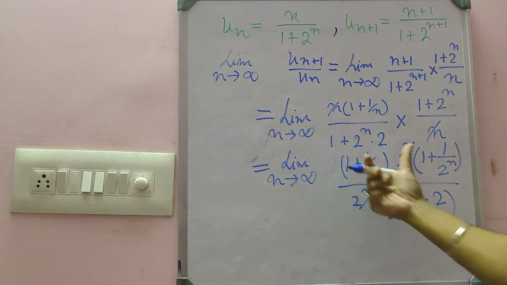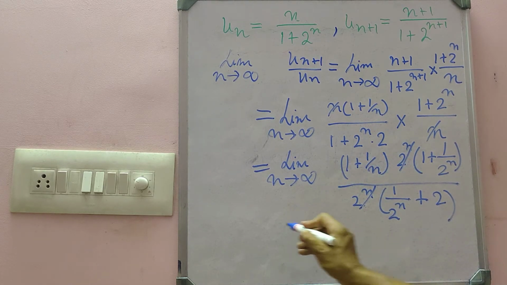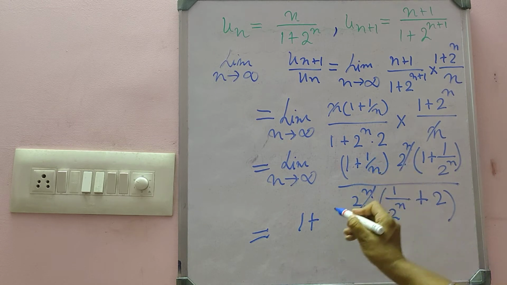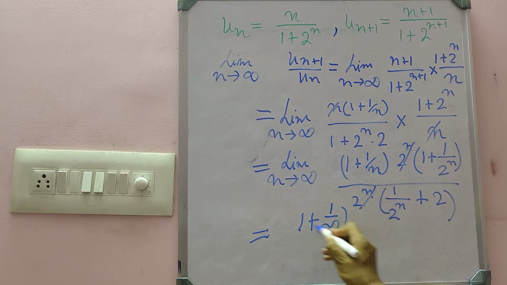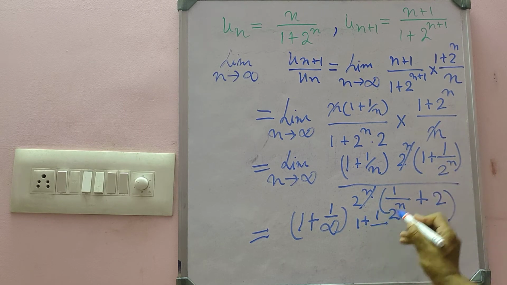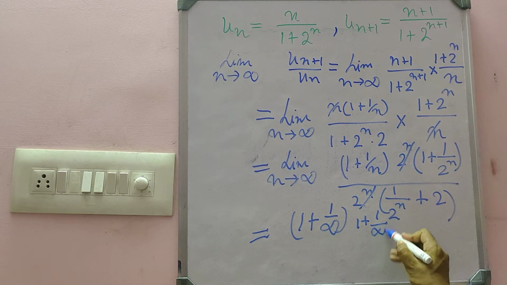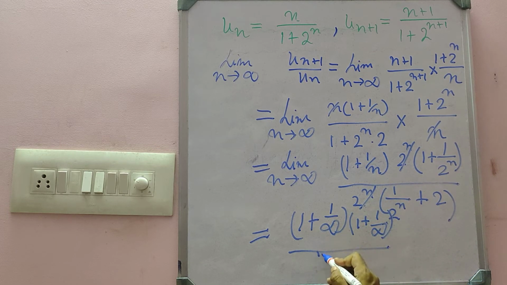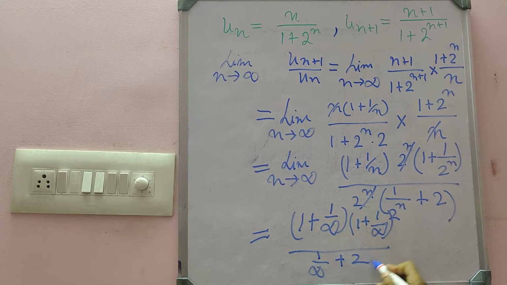Now we can directly substitute the value of infinity. It becomes 1 plus 1 by infinity, and here 1 plus 1 by 2 power infinity, divided by 1 by infinity plus 2.